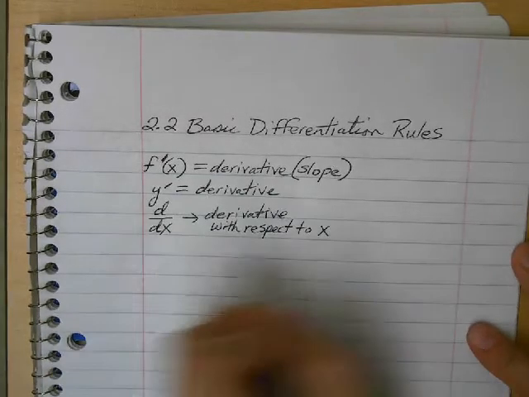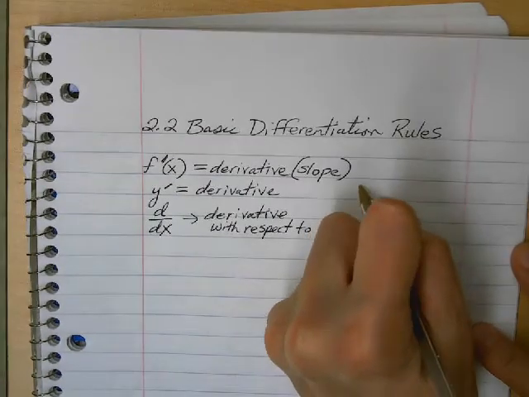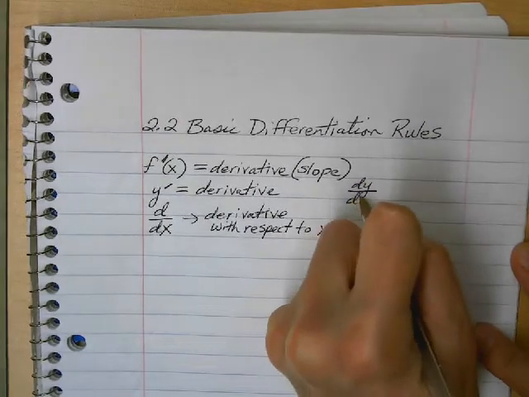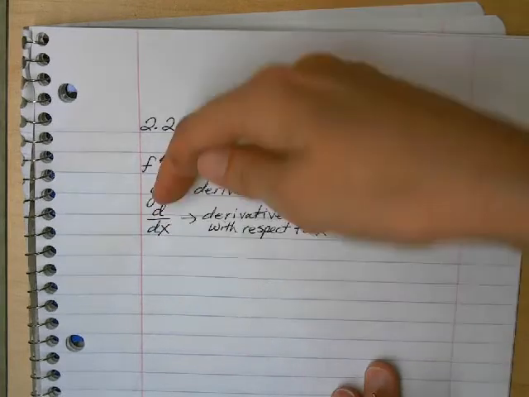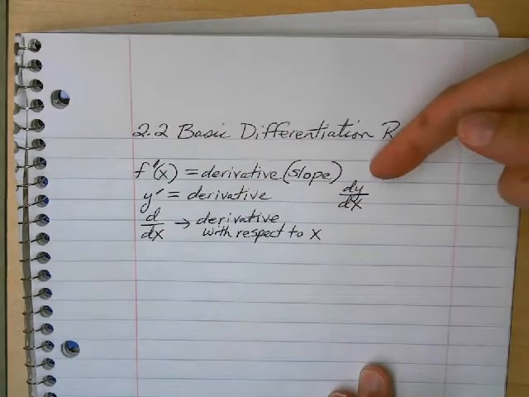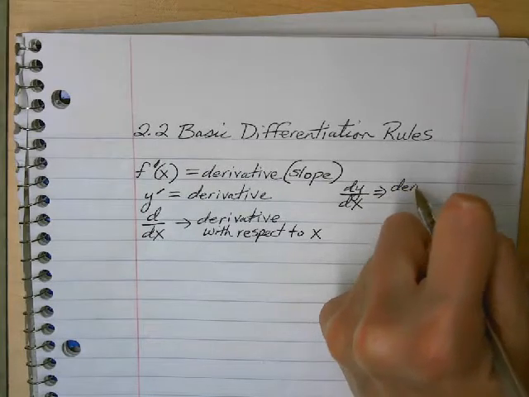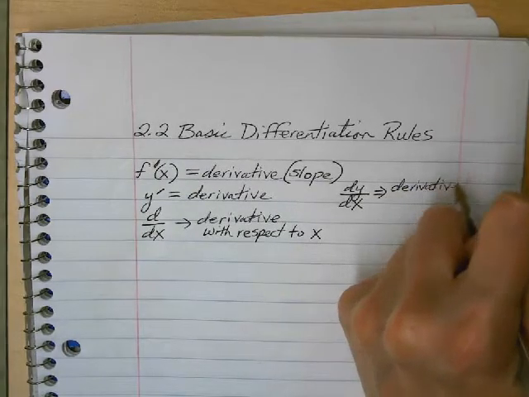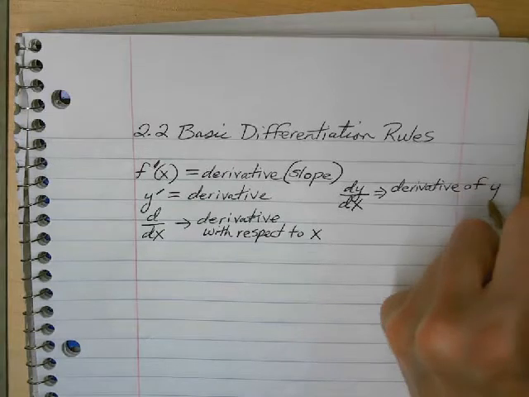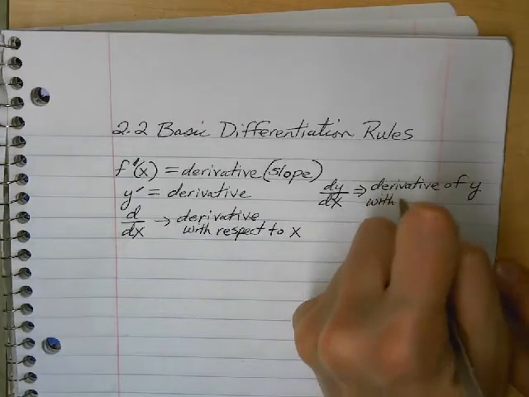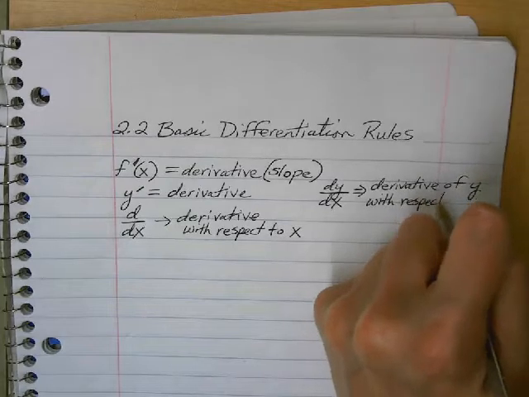Another one you see, I'll just write off to the side so I don't take up so much room. Another way they write it is dy dx, because you have a function y, and it says you're finding the derivative of y with respect to x. That's how they read these things.